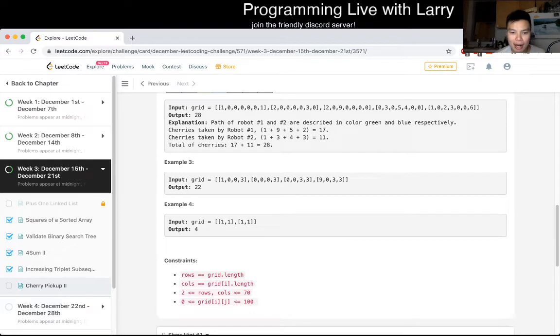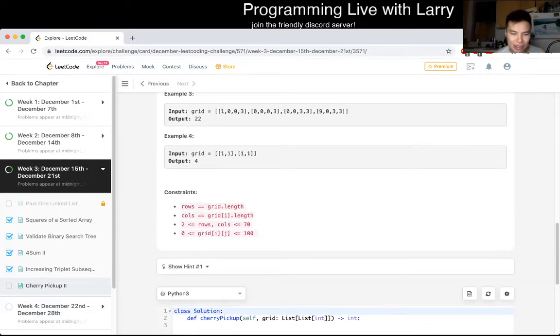Okay, and as usual, we take a look at the constraints. But to be honest, if you're familiar with this dynamic programming, it's going to be linear in the number of cells, which is R times C, rows times columns. So I don't really worry about it, because if the input is too big, you still have to look at each cell once.